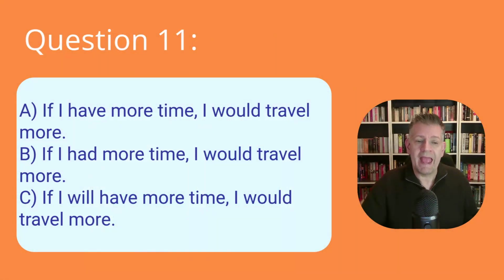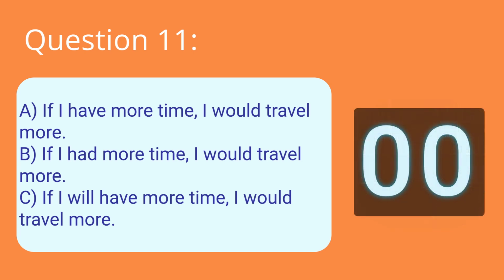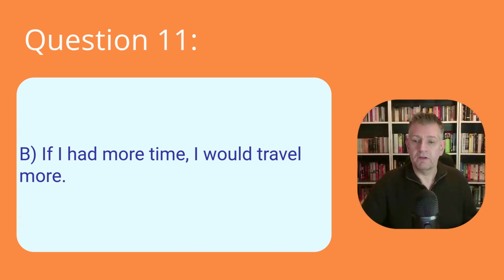Question 11. A, if I have more time, I would travel more. B, if I had more time, I would travel more. Or C, if I will have more time, I would travel more. The answer is B, if I had more time, I would travel more.